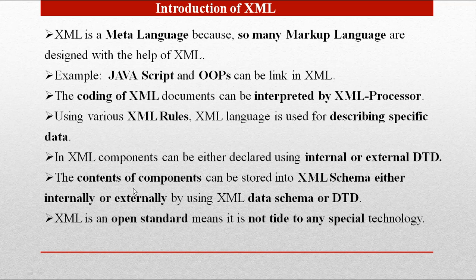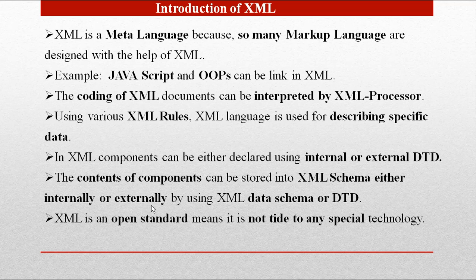The content of the components can be stored in an XML schema either internally or externally by using XML schema or DTD. There are two techniques, XML schema and DTD. XML is an open standard, meaning it is not tied to any special technology. I already told you it is platform independent and an open standard.